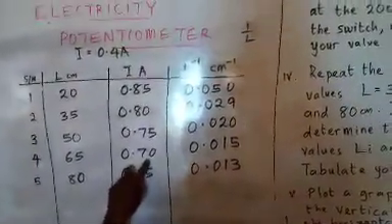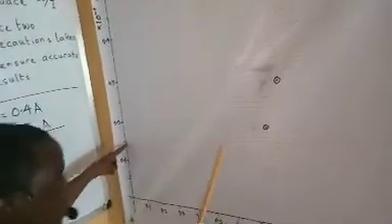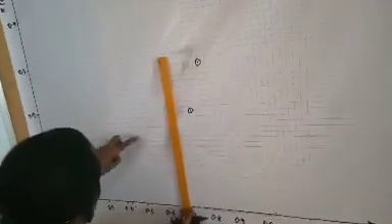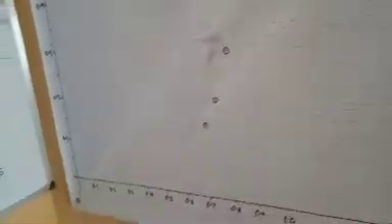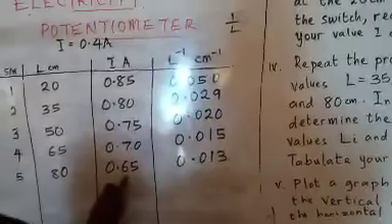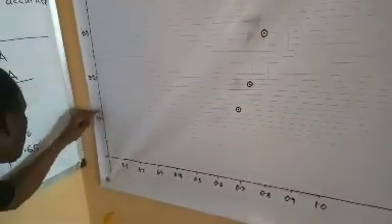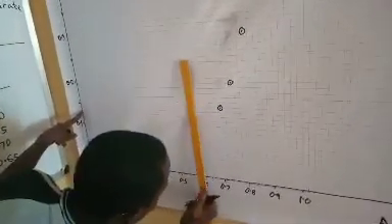And the next one is 0.7, which is 0.15 here, which is coming to here, which is 0.7. The last one is 0.65, and we have 0.13 here, and this 0.13. The next one, that is 0.65 here.